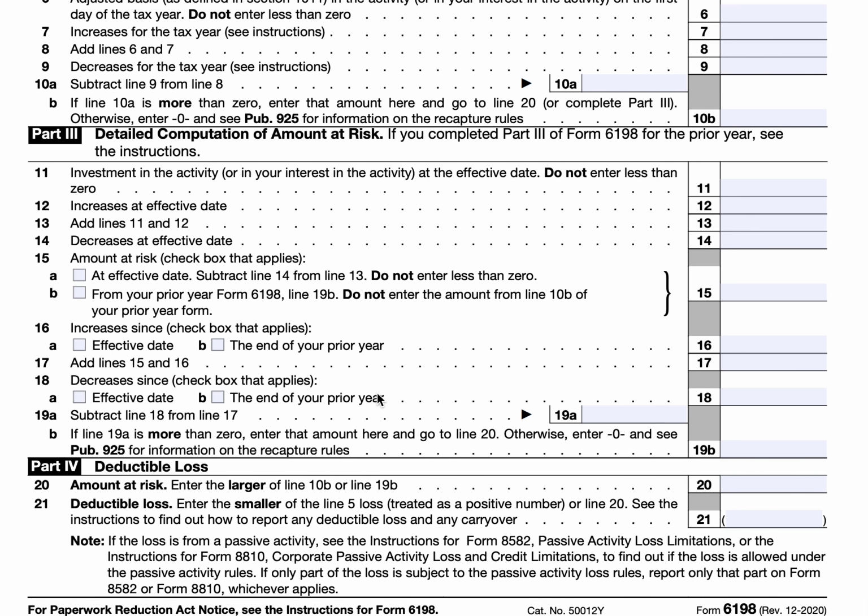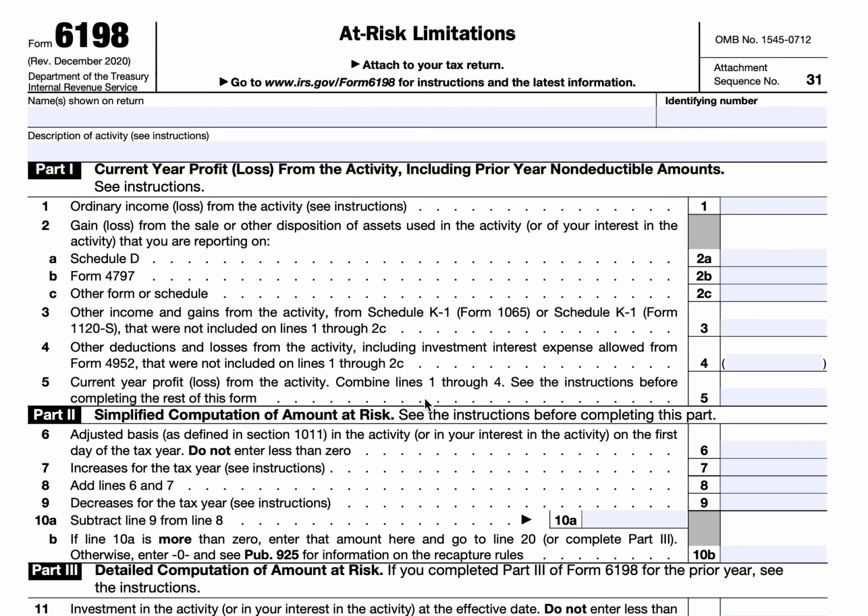And then finally in part 4, calculating your deductible loss for the tax year. And as you can see, there are some nuances that we'll walk through in a moment to determine how you calculate your tax liability. But first, we probably should go over a couple of details.